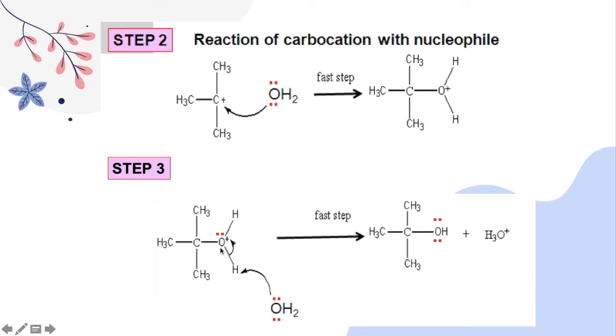Due to the positive charge on the oxygen, the electrons from the bond are transferred to the oxygen, making the oxygen have a stable 2 lone pairs again. And the side product is H3O+. Because the water, the nucleophile, receives 1 hydrogen, so H3O+. This is the mechanism for the SN1 mechanism.